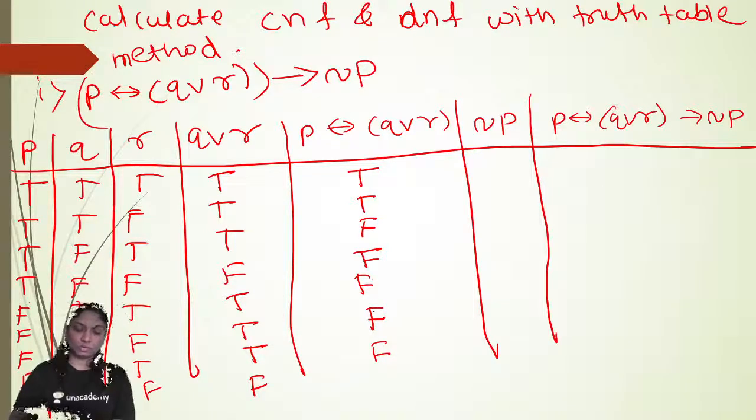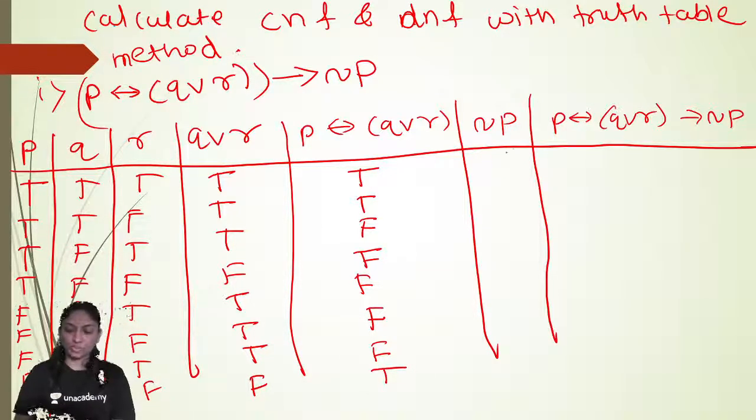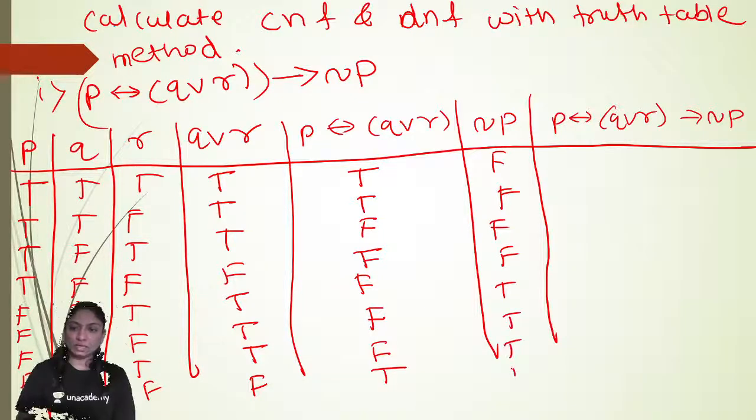So F, F and T. 1 2 3 4 5 6 7 8. So here is T, right? T T F F F F T. Now negation of P. So here is F F F F T T T T, right?